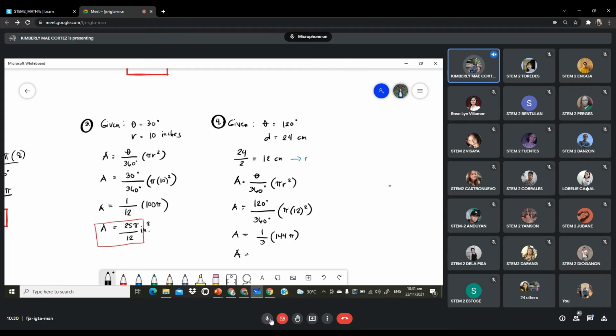Our final answer is 48 pi. Therefore, the area of the sector is 48 pi.